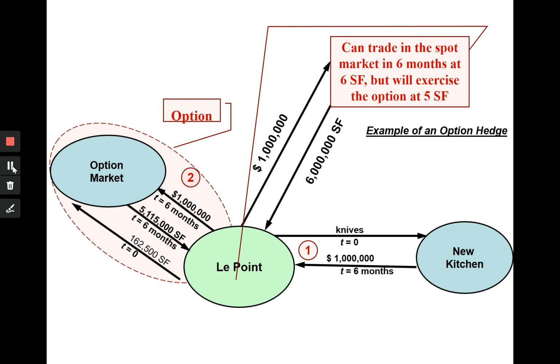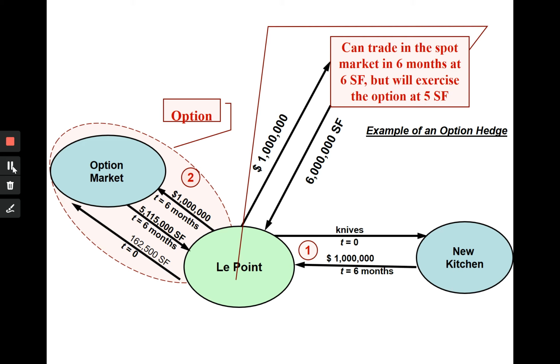All right, so the benefit of an option is that in bankruptcy, we still have insurance or hedge. Remember that analogy to not being covered by life insurance when one flies an airplane, an exclusion of an insurance. Option market is a better hedge because it doesn't have an exclusion of coverage when New Kitchen goes bankrupt.